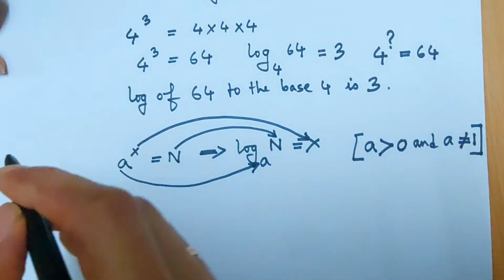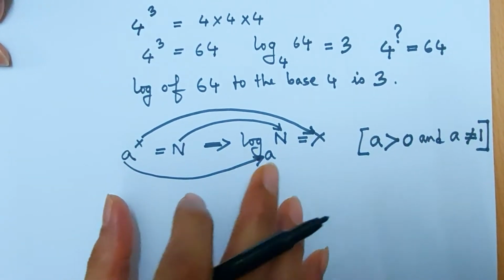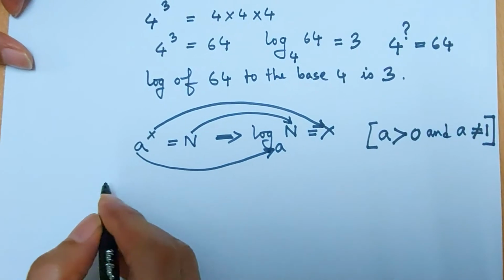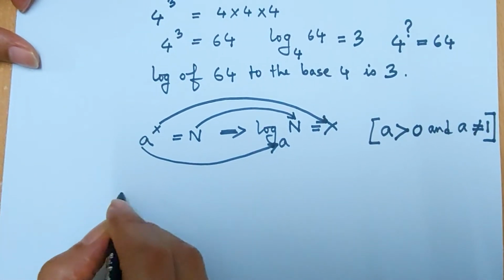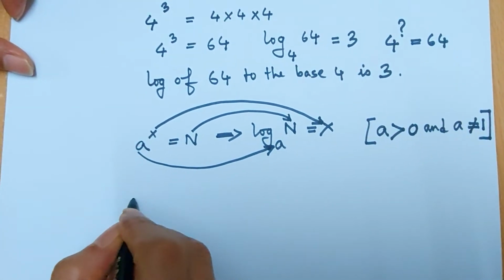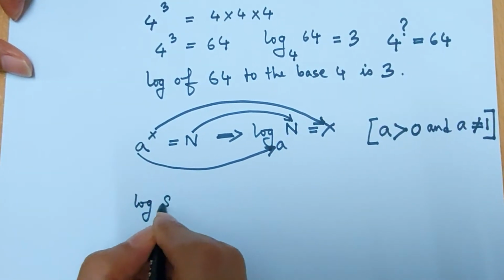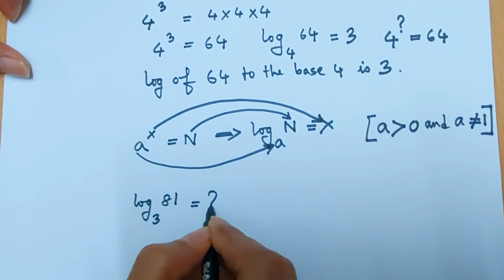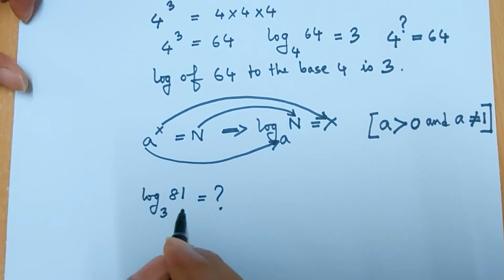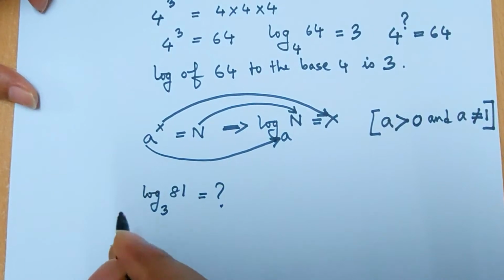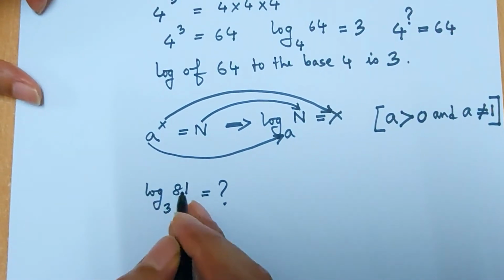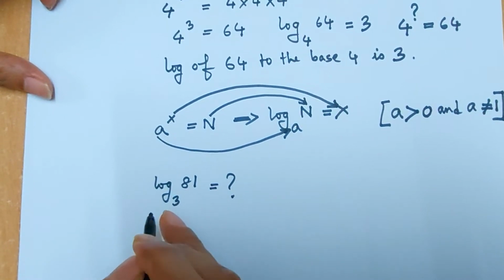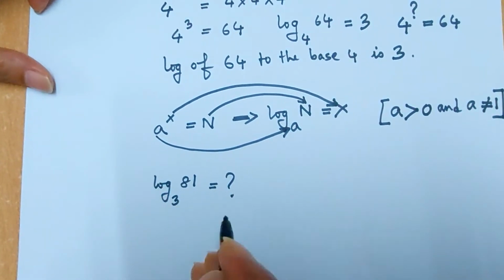Now I am going to solve a few more examples to make sure that you can take in log easily. Number 1, if I ask log 81 to the base 3 equal to what, then we have to find out 3 raised to which power to get 81.